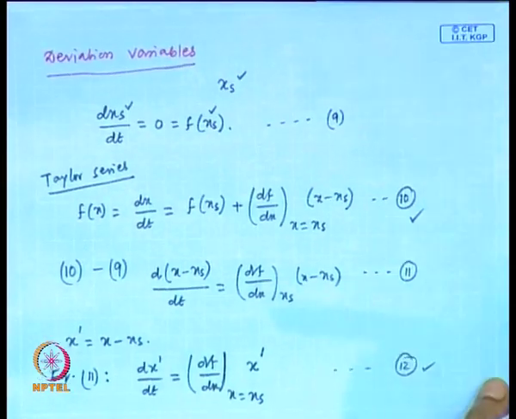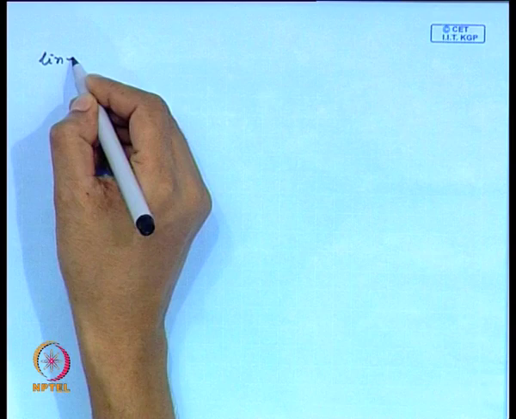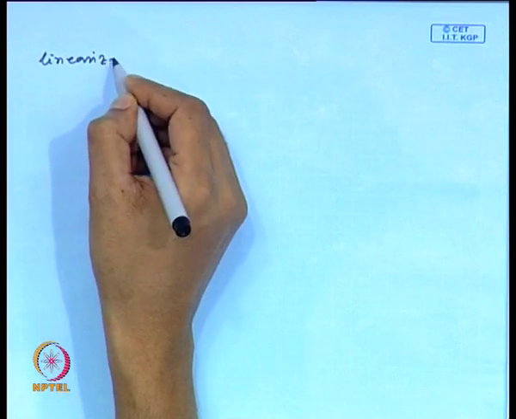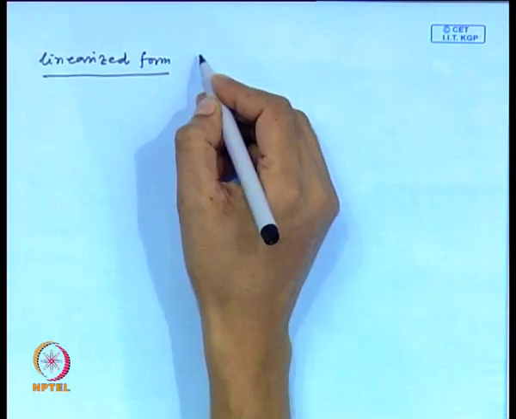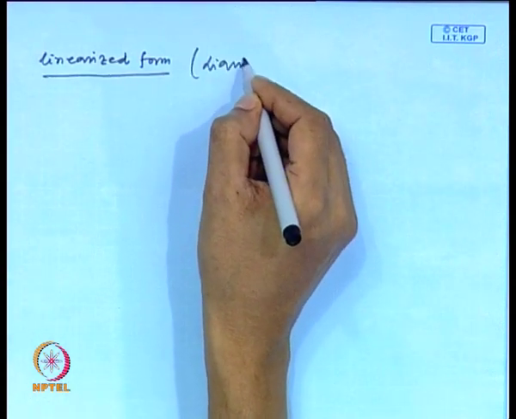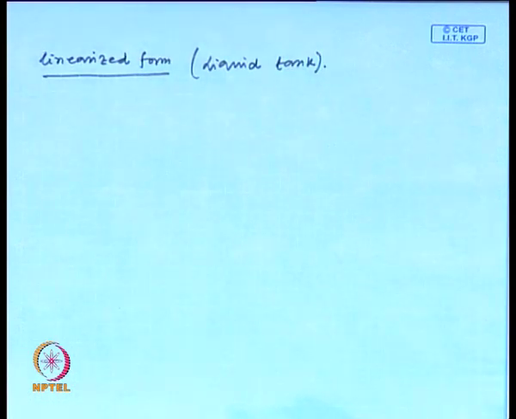Now, we will continue that example again, the liquid tank system. Previously we got the linearized form for the liquid tank system in equation 8.